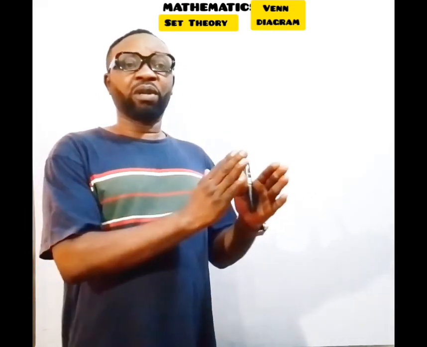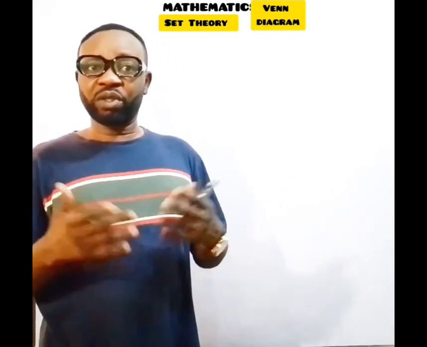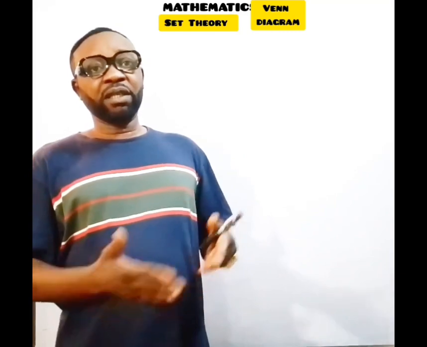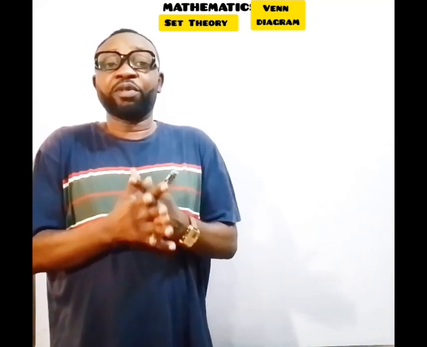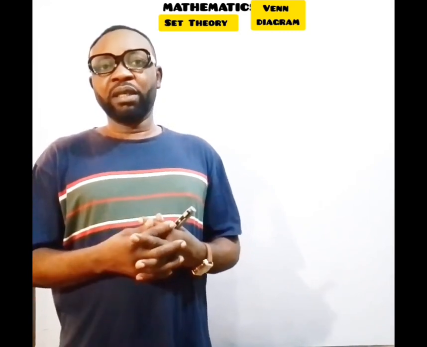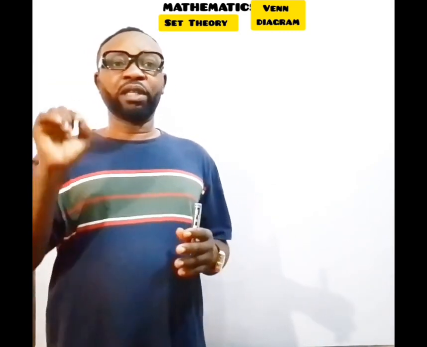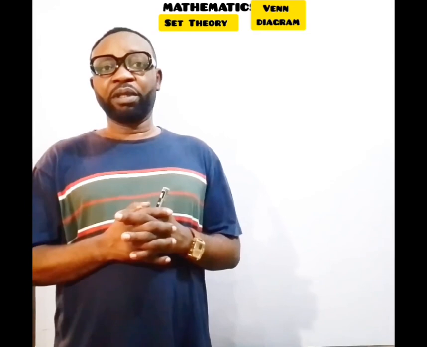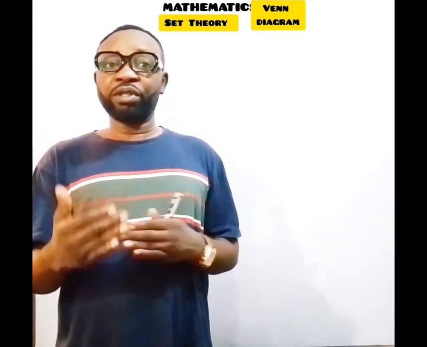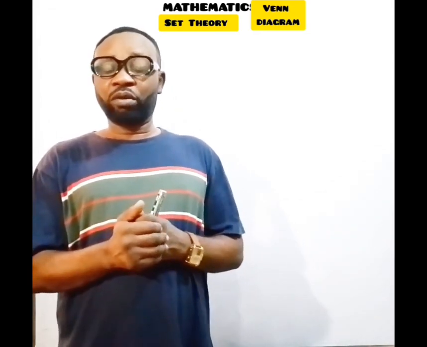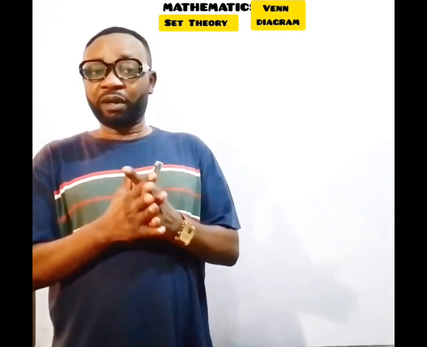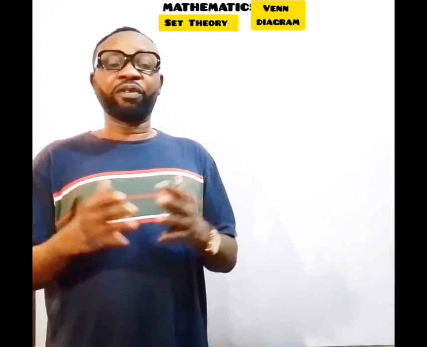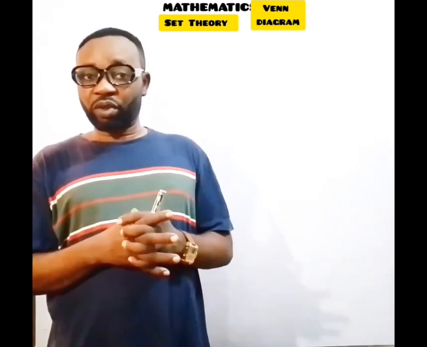When you have a particular set, I've been mentioning so far universal set, set A, set B, set C, or you can be given any name for a particular set, this Venn diagram will show it in the form of a diagram, and you can as well deduce a particular value or answer whatever question is given to you as far as a set is concerned. You can use a Venn diagram to also resolve such a question.